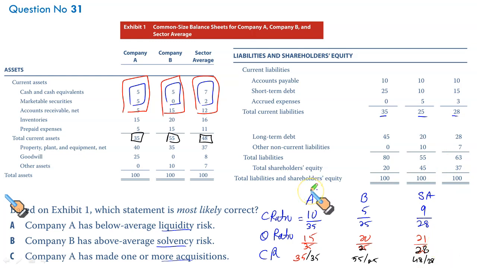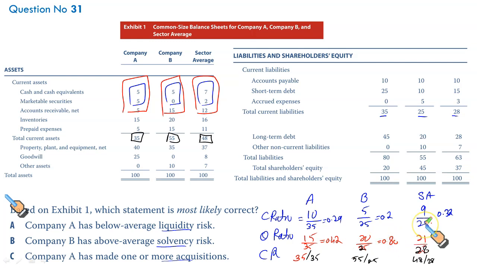For company A, the cash ratio 10 by 35 is going to be 0.29. 5 by 25 is 0.20. 9 by 28 is 0.32. Quick ratio, 15 by 35 given in red, is 0.42 if I'm not wrong. 20 by 25 is 0.80.